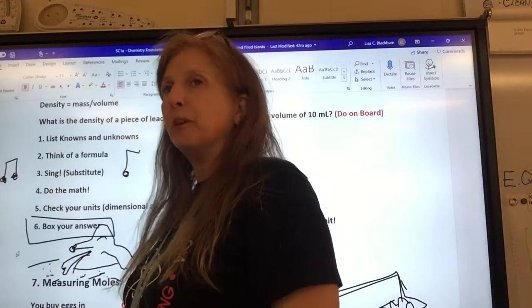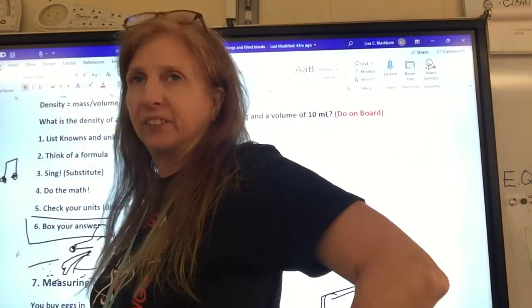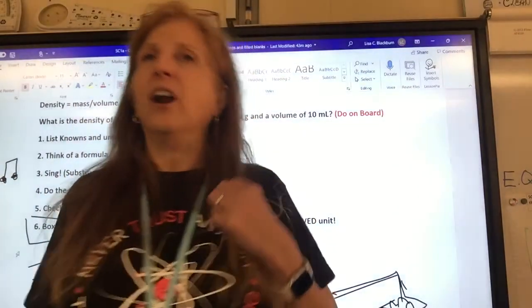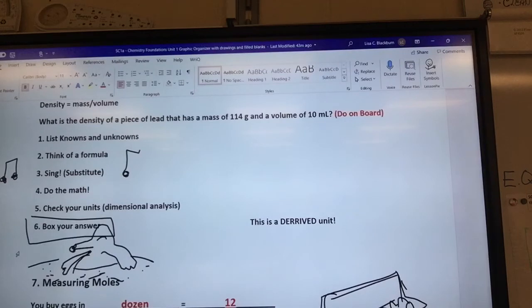Now, I am adamant about this, and I'm having a big disagreement about it with the physics teachers, but when I teach physics, chemistry, whatever, I say you don't manipulate the formula. If we were looking for volume, you keep the formula the same, you substitute in density and mass, and then you solve for volume.